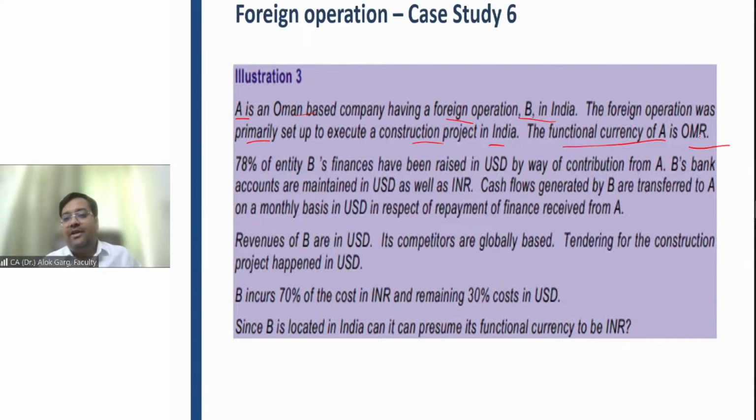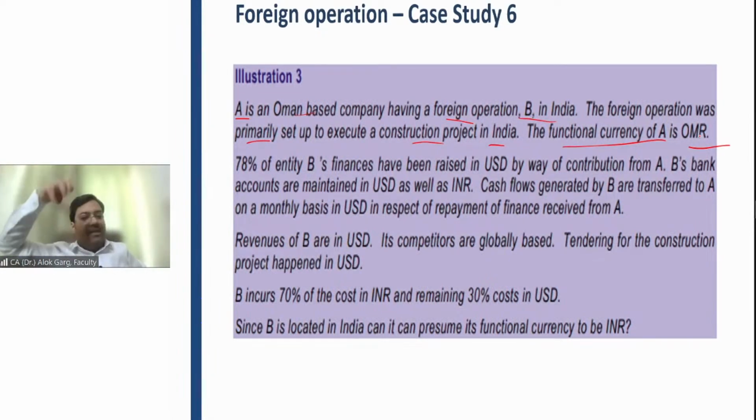The cash flow generated by B is transferred to A on a monthly basis in US dollar in respect of repayment of finance received from A. So whatever cash flow is generated by B is transferred to A on a monthly basis, right, in US dollar, in respect of repayment of finance received from A. So basically, whatever cash flow B is generating, B is transferring to A. Why in US dollar?